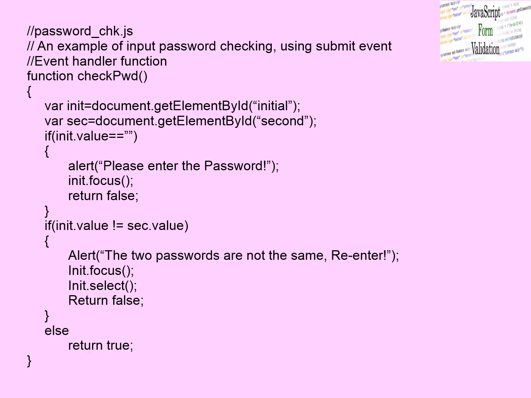So this particular function is an example for checking a password that should be entered in two fields. The first field is termed initial and the second field is termed second. Hope you understood the function.